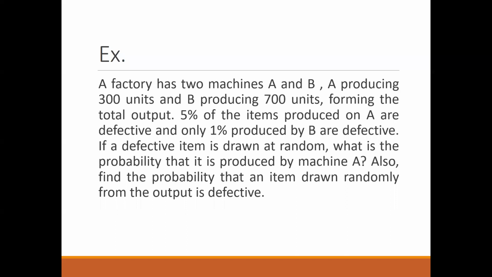And if they are asking what is the probability that the item produced on machine A is defective, that means we have to write the probability P(A1 | D), provided D has already occurred. That means it's a defective item. Okay, so it will be P(A1 given that D has already occurred). D is your event that the item is defective. Okay, what is the value of K here?